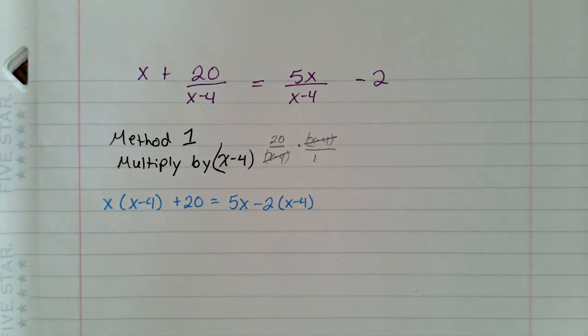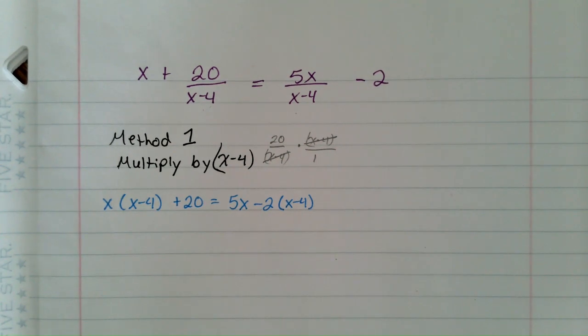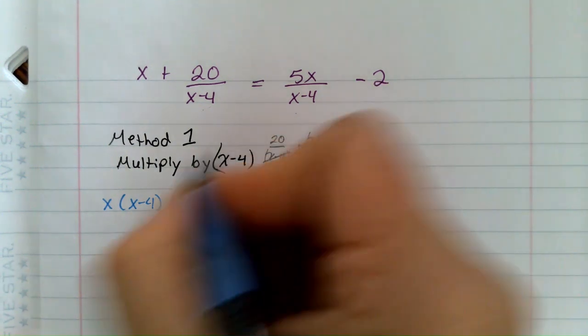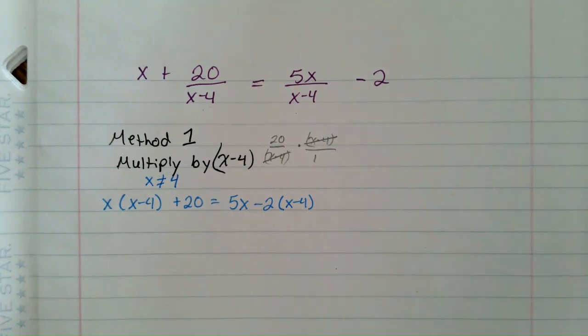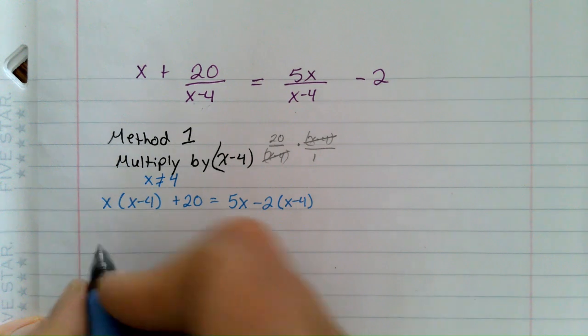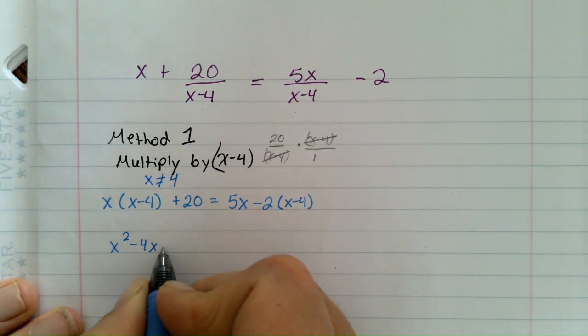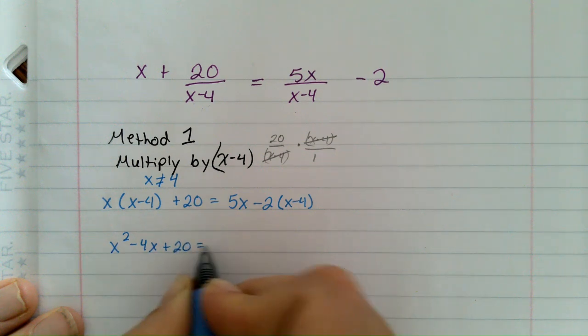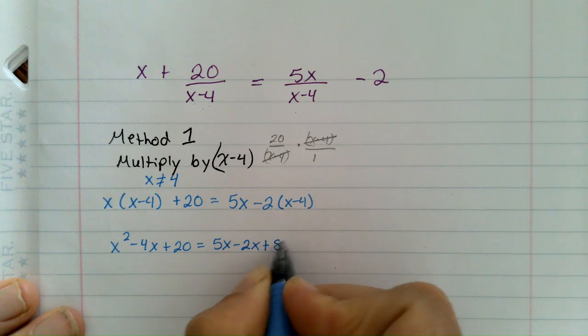So by multiplying by the least common denominator, I have cleared out my fractions. Now I can go back to solving algebraic equations, noting that x cannot equal 4. Why? Because that would zero out my denominator, causing a domain error. So x squared minus 4x plus 20 equals 5x minus 2x plus 8.